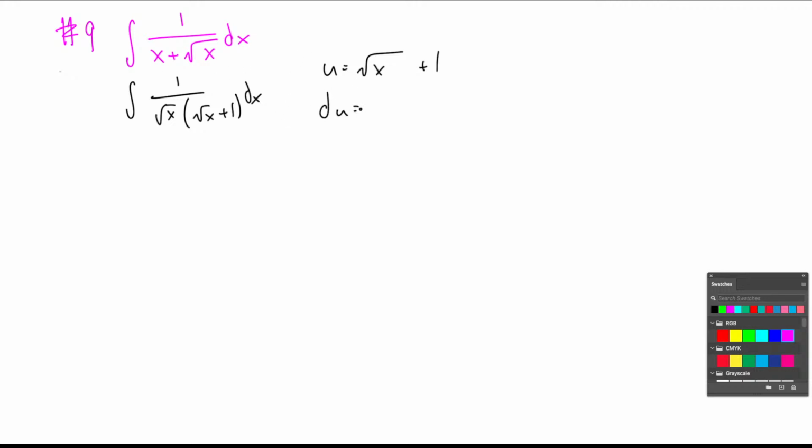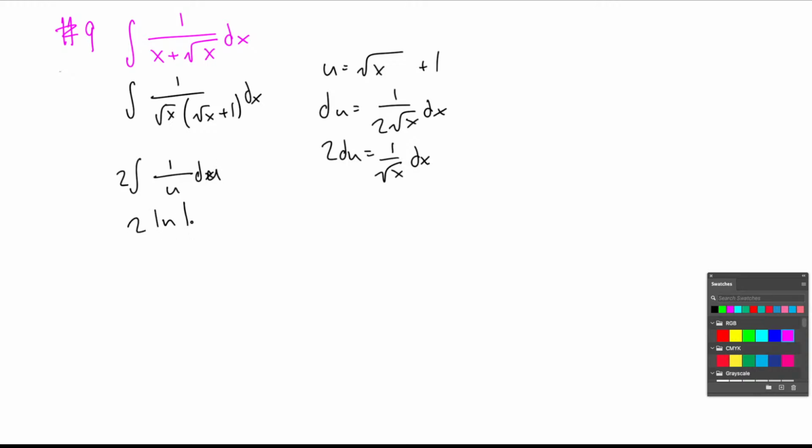Then du would have equaled 1 over 2 root x dx, which would become 2 du equals 1 over root x dx. That becomes 2 over u du. That becomes 2 natural log of square root of x plus 1 plus c.